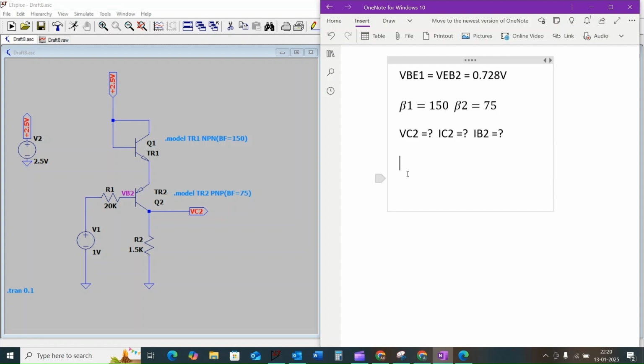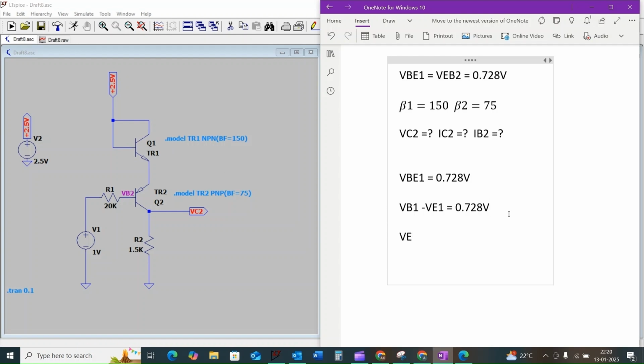Here we know that the base-to-emitter voltage of the transistor Q1 is VBE1, which is equal to 0.728 volt. That means VB1 minus VE1 is equal to 0.728 volt. And we know that VB1 will be 2.5 volt, because the supply terminal is connected to the base terminal of the transistor Q1.